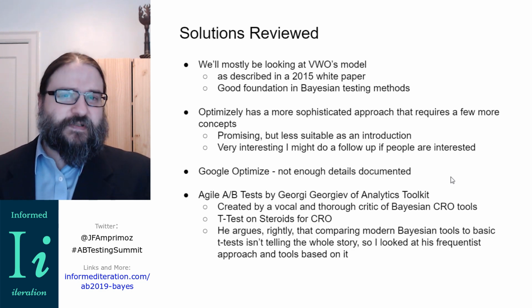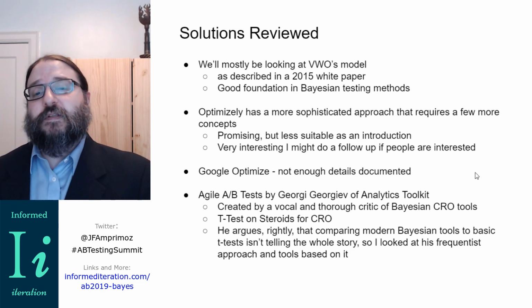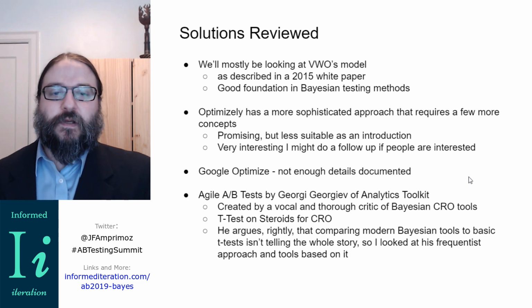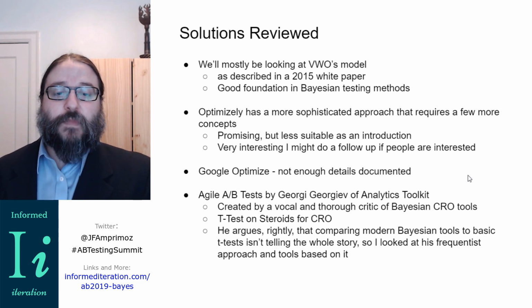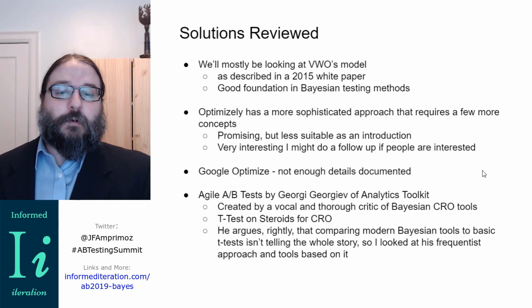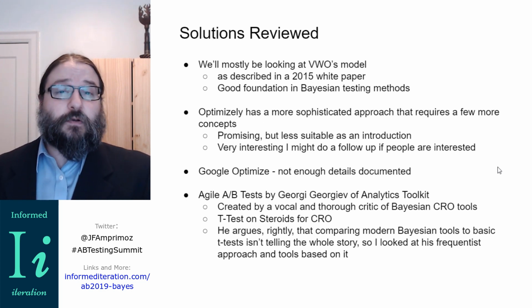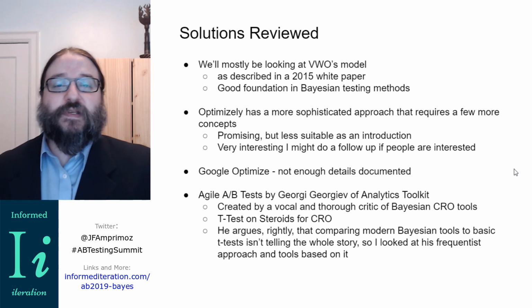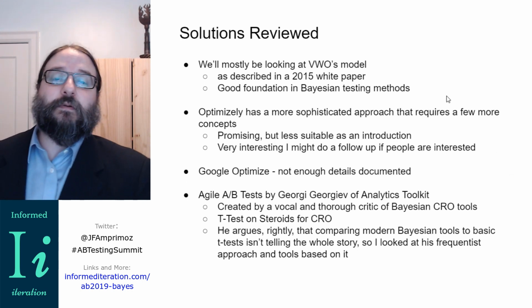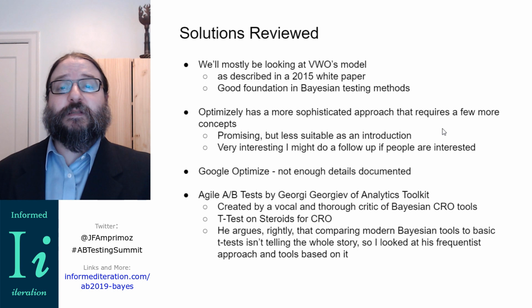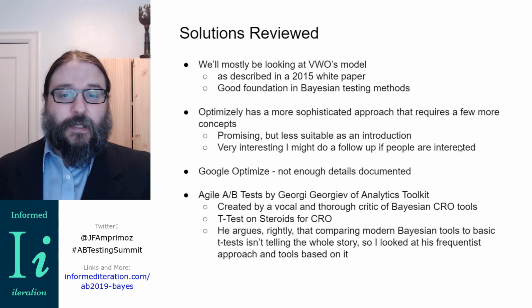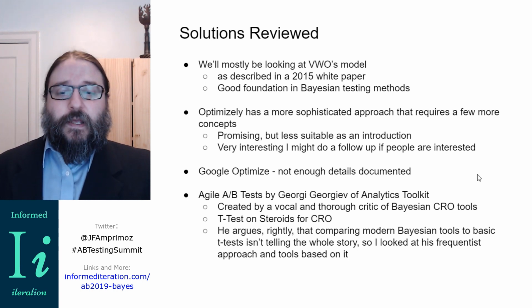But that approach requires a few more concepts, which makes it less useful to us today as an introductory model. If people want, let me know, and I might do a follow-up. Google Optimize doesn't have, or at least I couldn't find, a white paper of the same level of detail as VWO and Optimizely, so I couldn't get into that model in the same way.